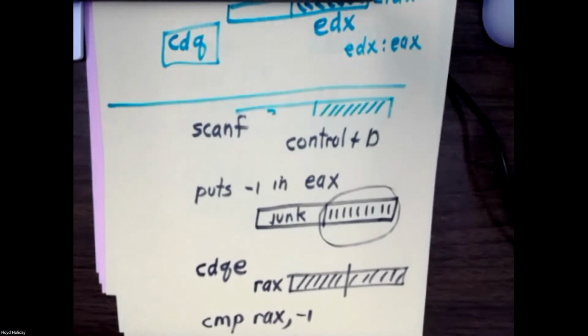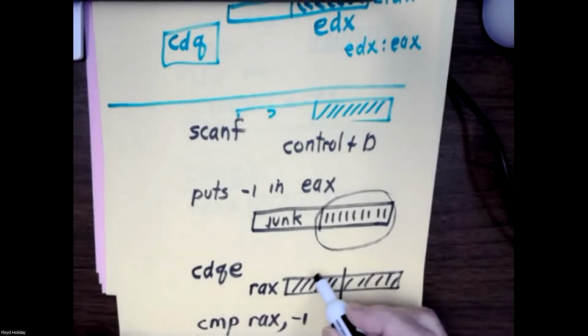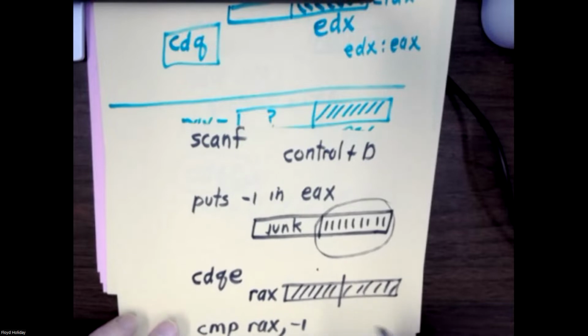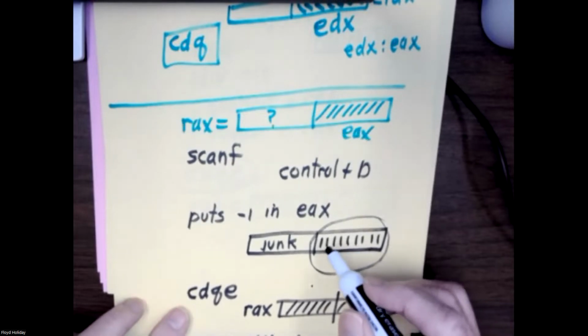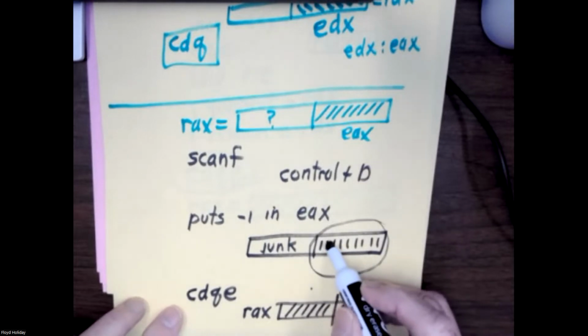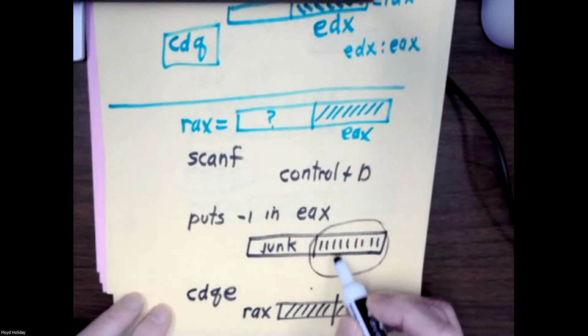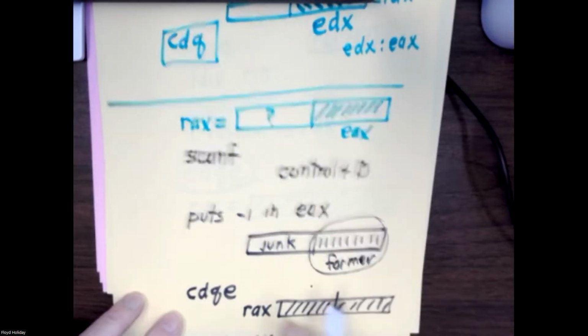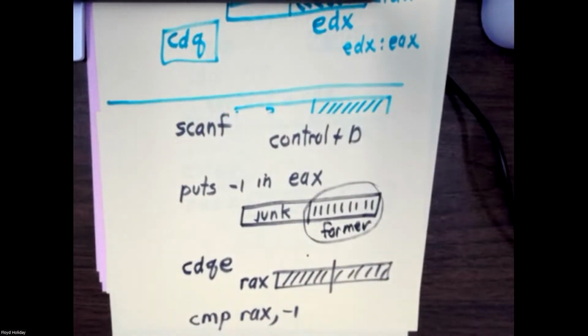If it's not Control D, then this remains former garbage, what it used to be. You can extend it and you can still test to see if it was -1, and it won't be -1.